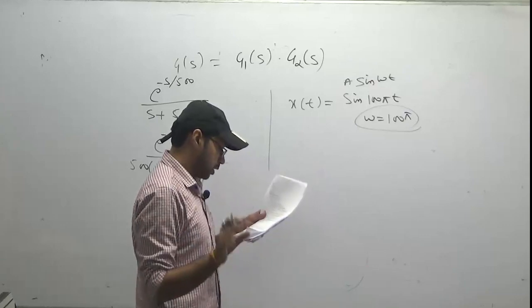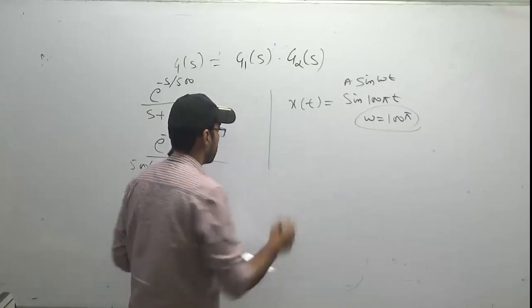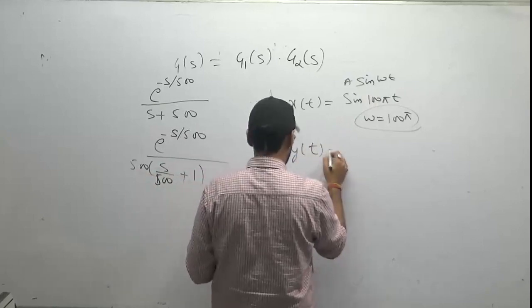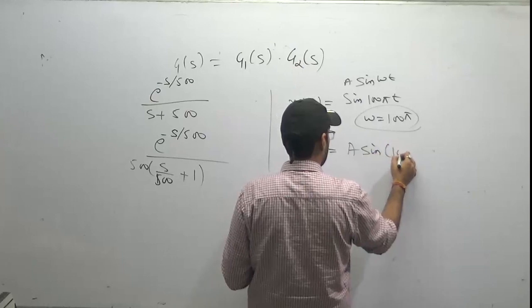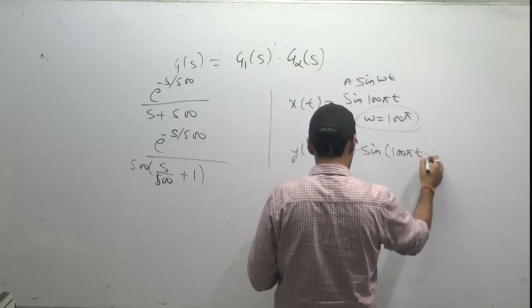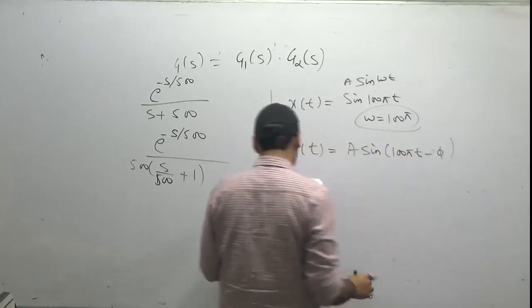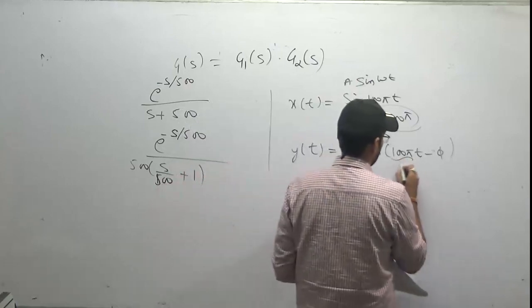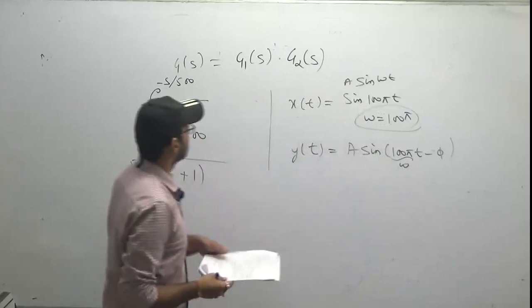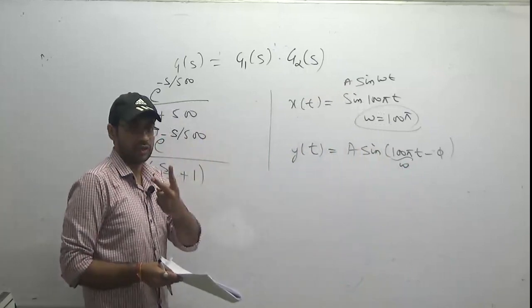They are saying in periodic steady state, the output of the system is found to be y(t) equals A sine (100 pi t minus phi). And the phase angle phi in degrees is what? This is the value of omega. Right. So this transfer function contains two functions.